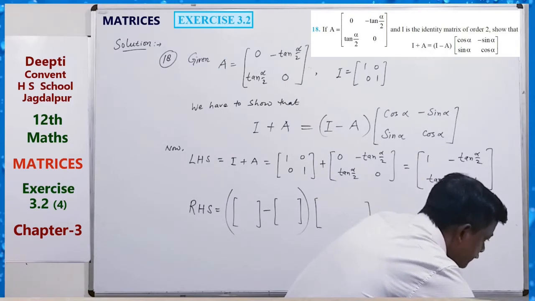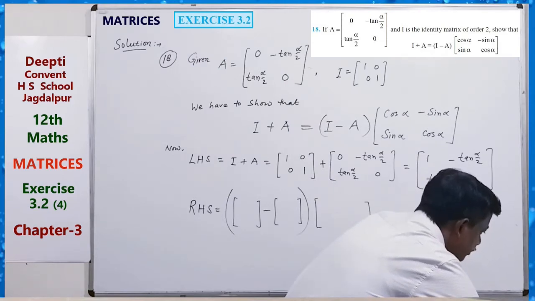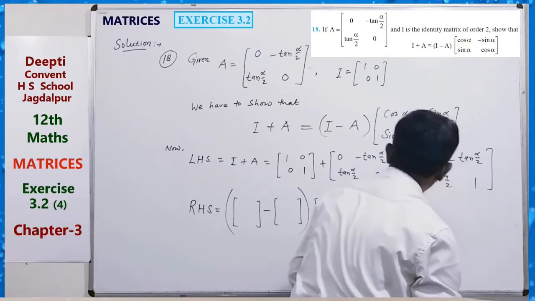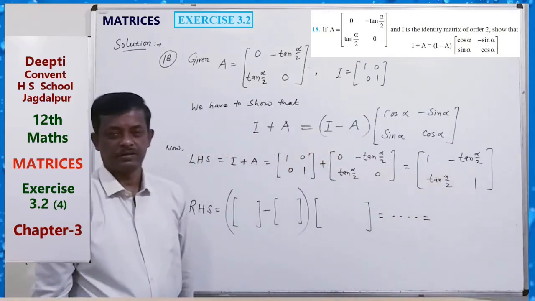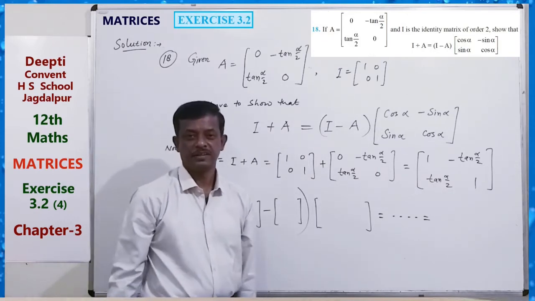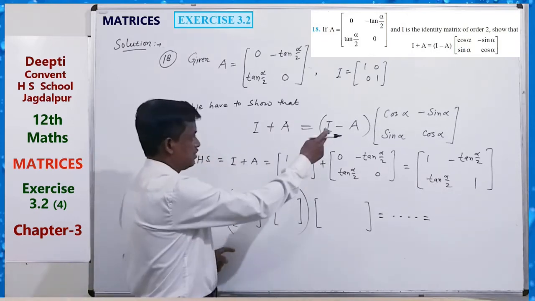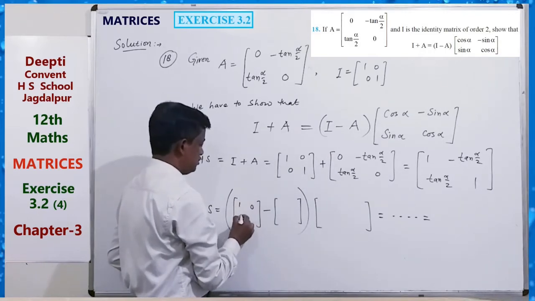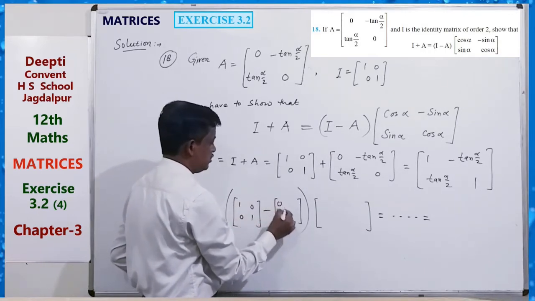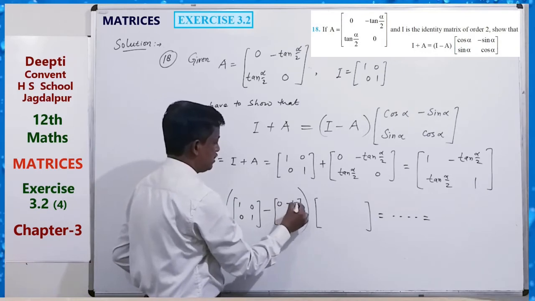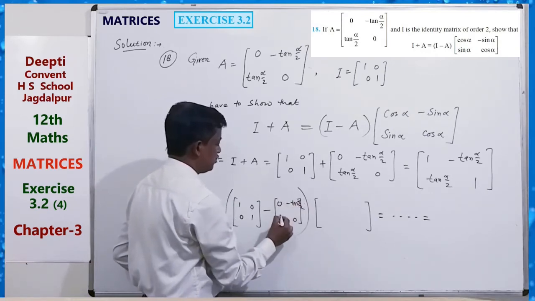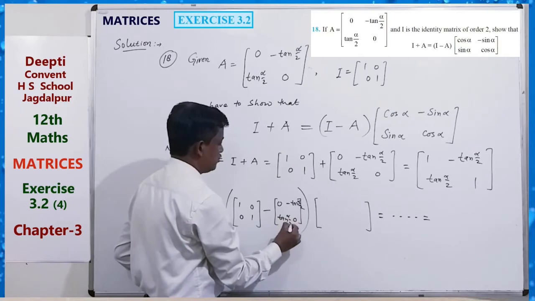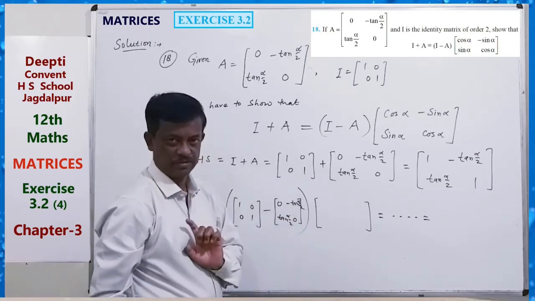Okay. Just do it yourself. Just use these two: 1, 0, 0, 1, minus tan alpha by 2, tan alpha by 2, and calculate it.